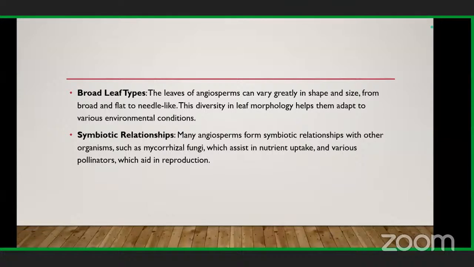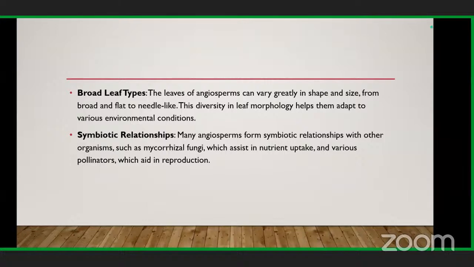Next is broadleaf types. So we are studying the general characteristics of the angiosperms. The leaves of angiosperms can vary greatly in shape and size, from broad and flat to needle-like. This diversity in leaf morphology helps them to adapt to various environmental conditions.